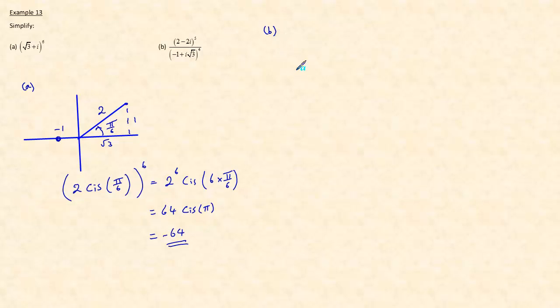Now in part B, 2 minus 2i. So 2 minus 2i is here. So if this is 2 and this is 2, this is going to be the square root of 4 plus 4, so that's root 8, so that's 2 root 2.